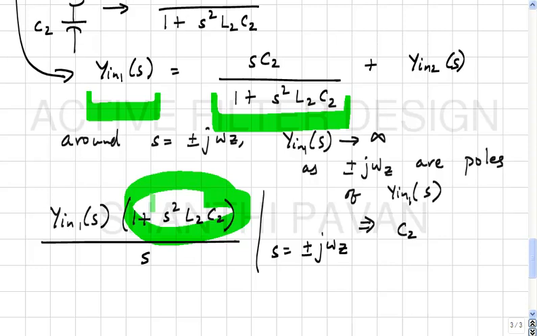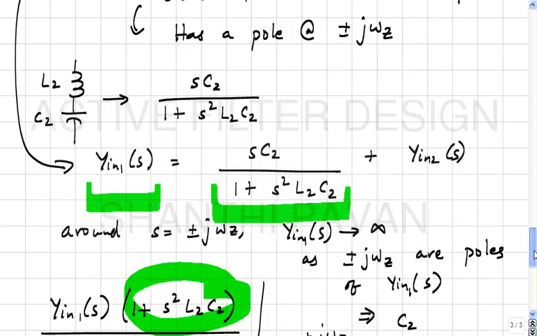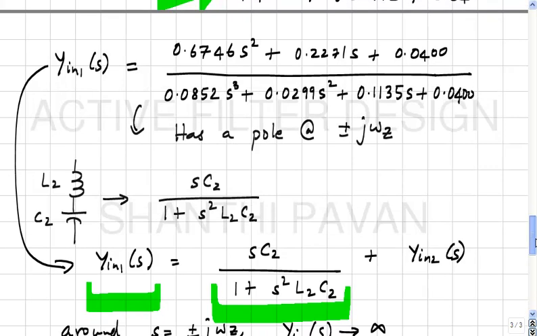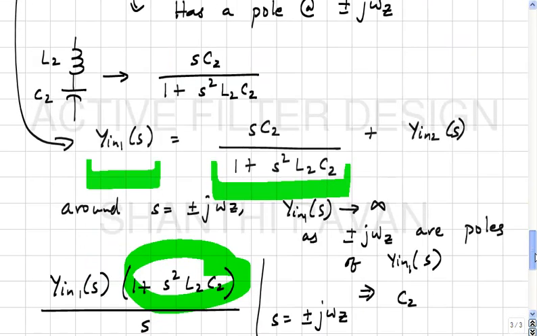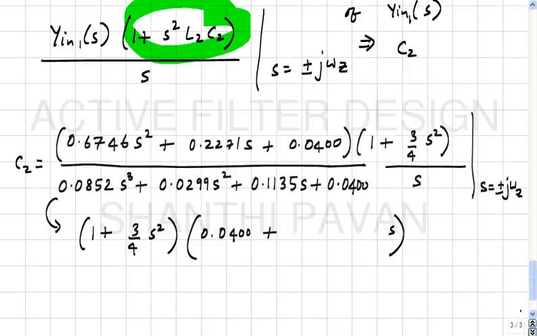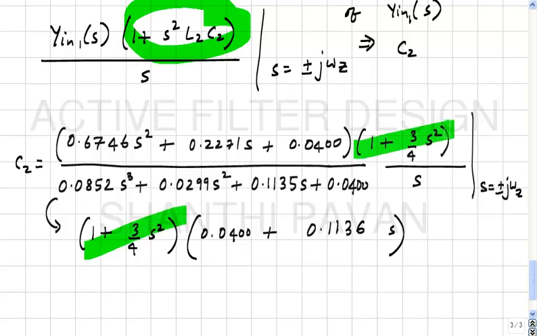Okay, so now guys get to work and let's figure out what C2 is. This is y in 1. Okay, so you verified that this is 0.0400 plus 0.1136 times s. Okay, so this and this go away.